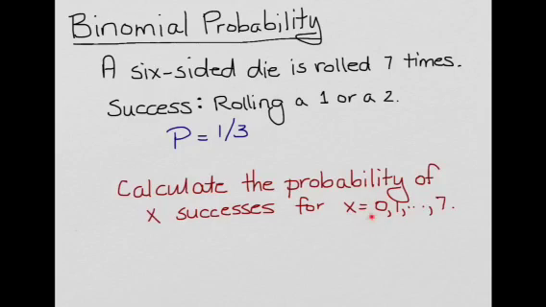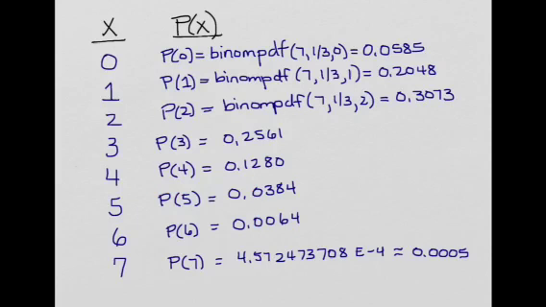So there could be 0 successes, so we'll calculate the probability of exactly 0 successes. Then we'll find the probability of exactly 1 success, probability of exactly 2 successes, all the way up to a maximum of 7 successes, because of course you can never succeed more than you try, which is a good life lesson as well as good mathematics.